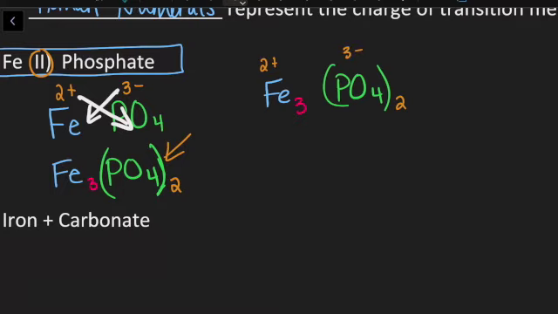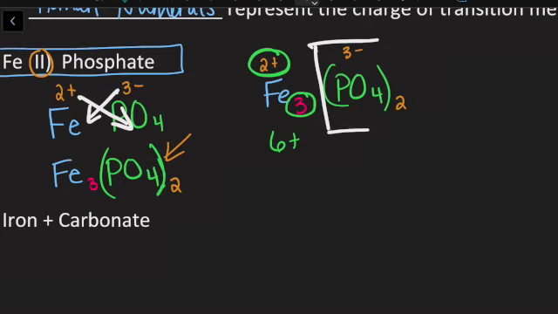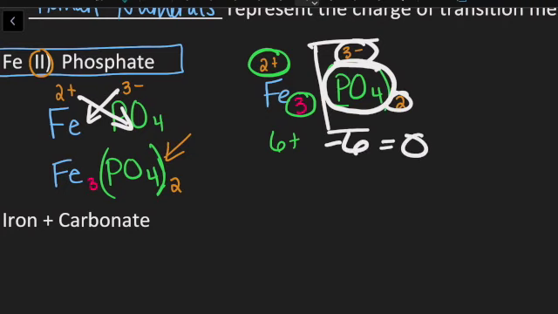If I multiply the charge of one iron by the number 3, because we have 3 irons in this formula, I will get 6+. Now if I multiply the 3- charge that is in one phosphate unit by this 2, I will get -6. And that equals 0, which is the goal, to get it to balance to 0.